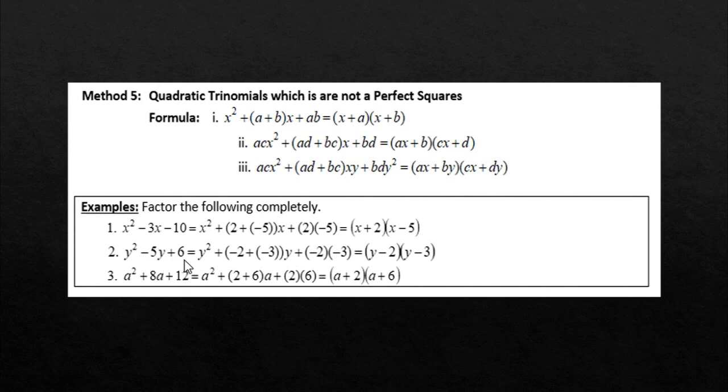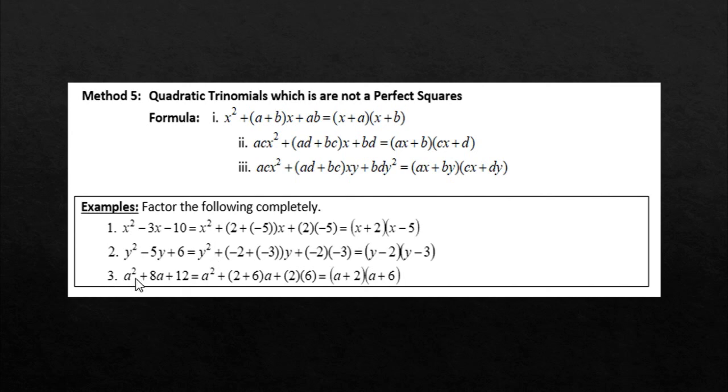So, we use negative 2 and negative 3. So, mao ni nga naatay negative 2 plus negative 3 multiply sa ato ang y. So, plus na pod ang ato ang negative 2 times negative 3, which is 6. So, we can write that as y minus 2 times y minus 3.